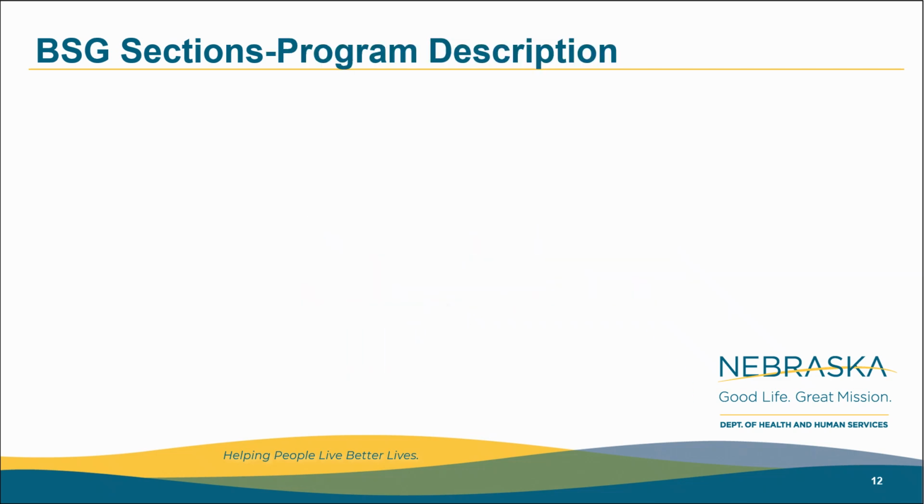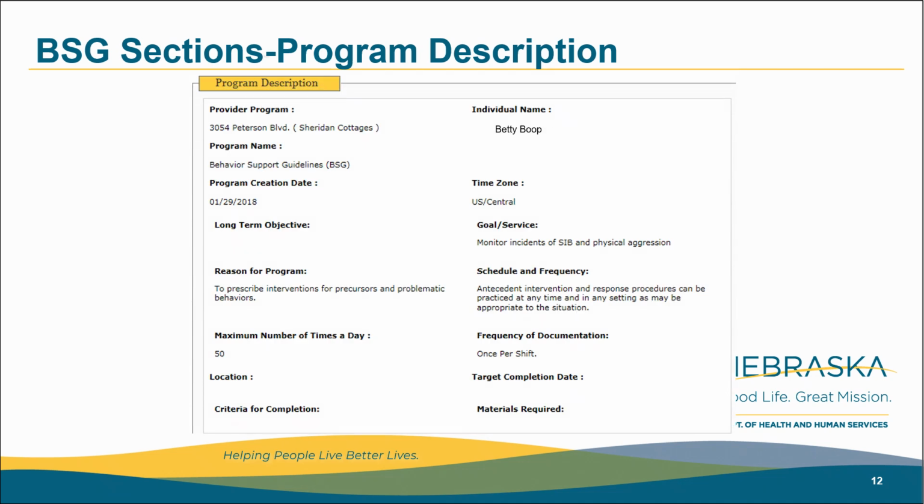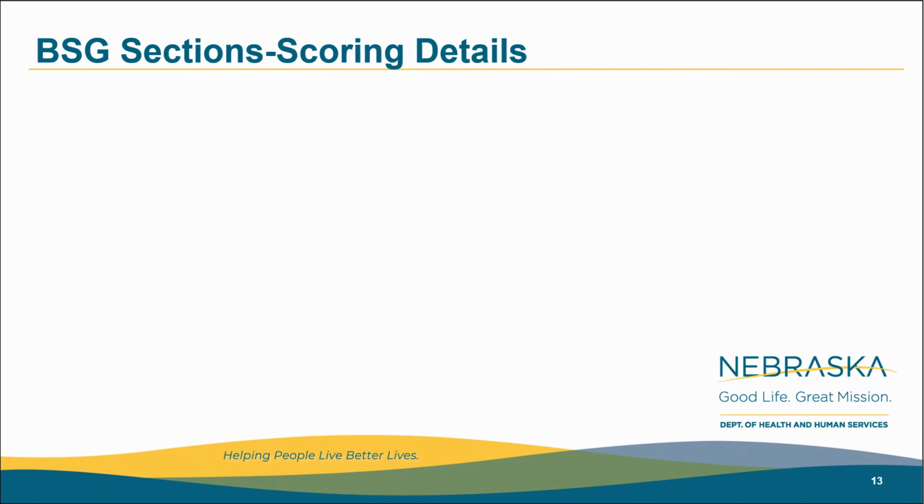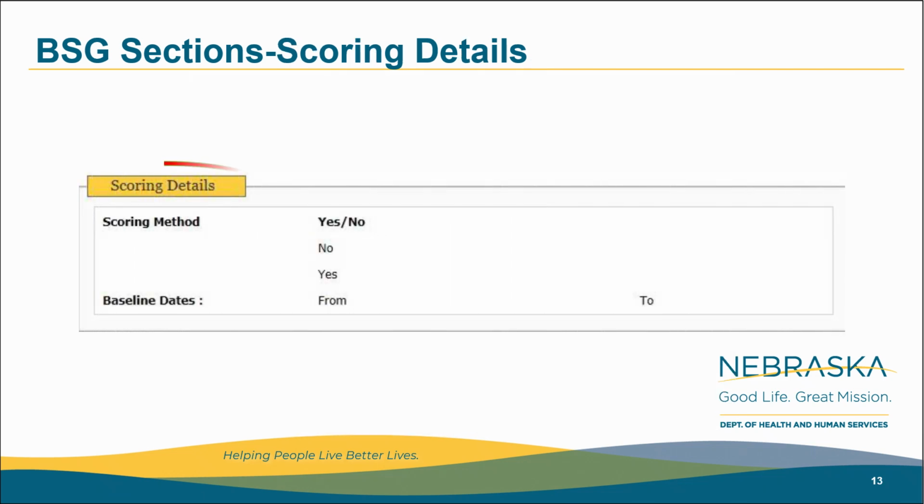The program description section gives you the name of the individual, where they live, that's the provider program, the program name, the date the program was created, how often documentation is entered, and so on. The scoring details just gives you what type of data you will be entering. In the case of BSGs, all entries will be yes/no entries.